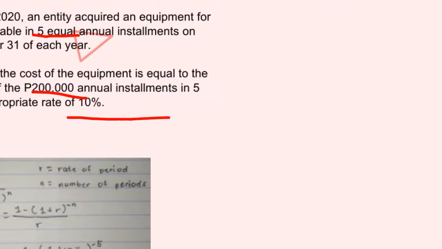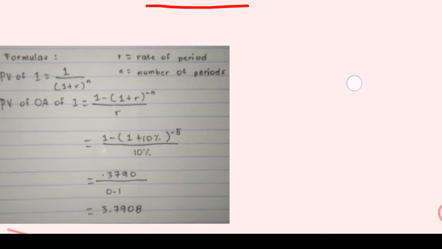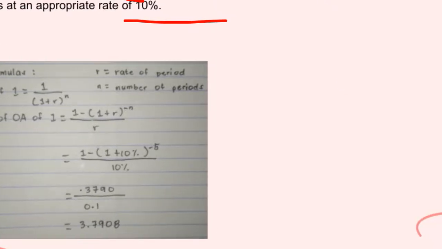So the present value equation we apply is the present value of an ordinary annuity of 1. We have 1 minus (1 plus rate) raised to the power of negative n, over r.